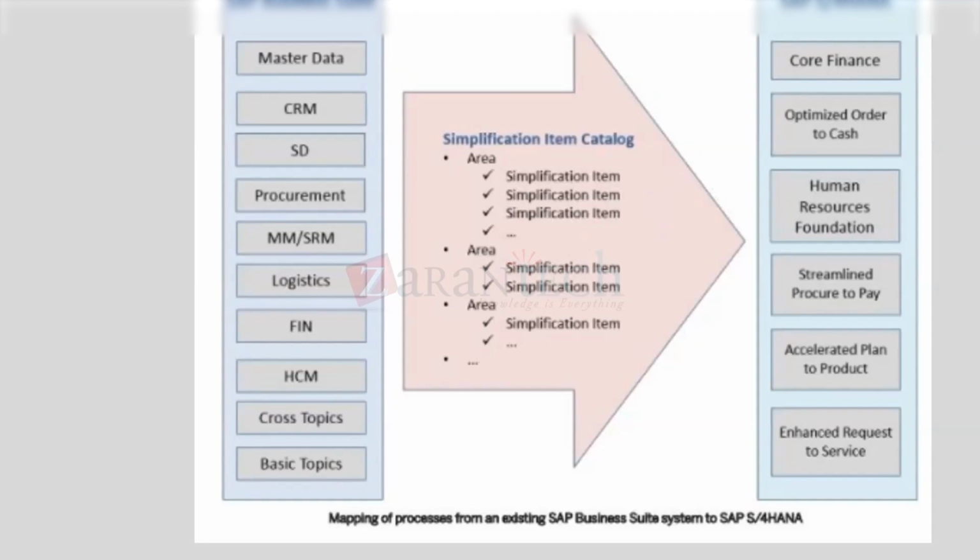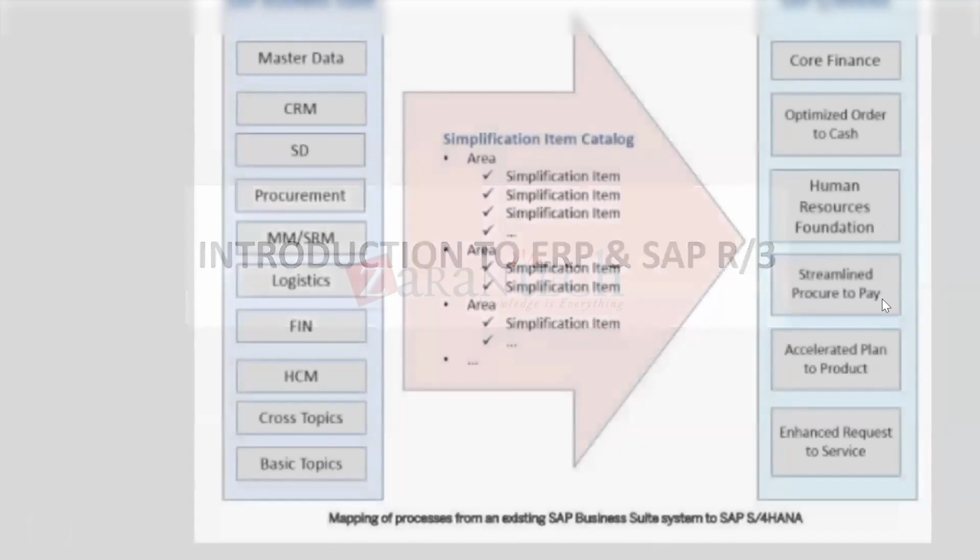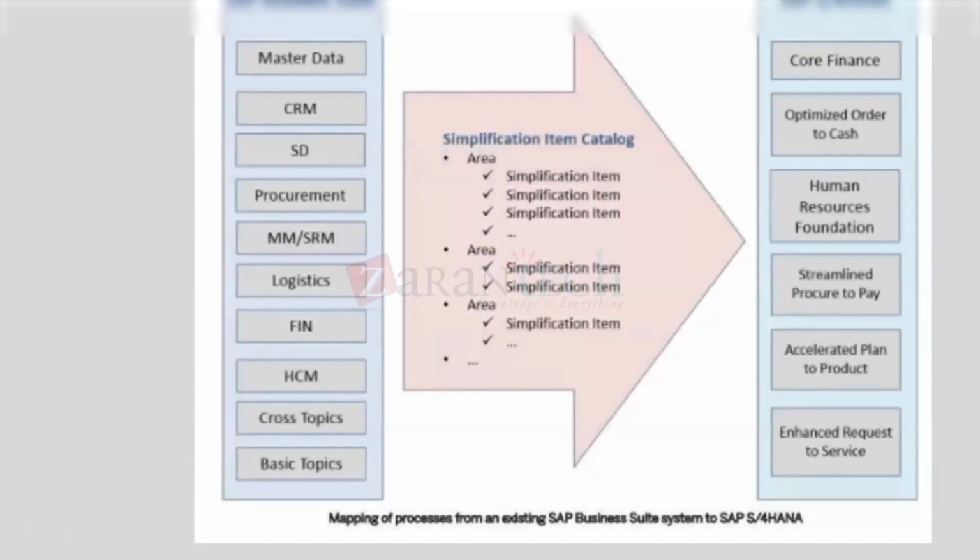It has renamed them to core finance, optimized order to cash, human resource foundation, procure to pay, which is procurement, plan to product, which is I think planning, accelerated plan to product, which is planning, and enhanced request to service. These are the newer terminologies which you would see when you extract data from S4 HANA.